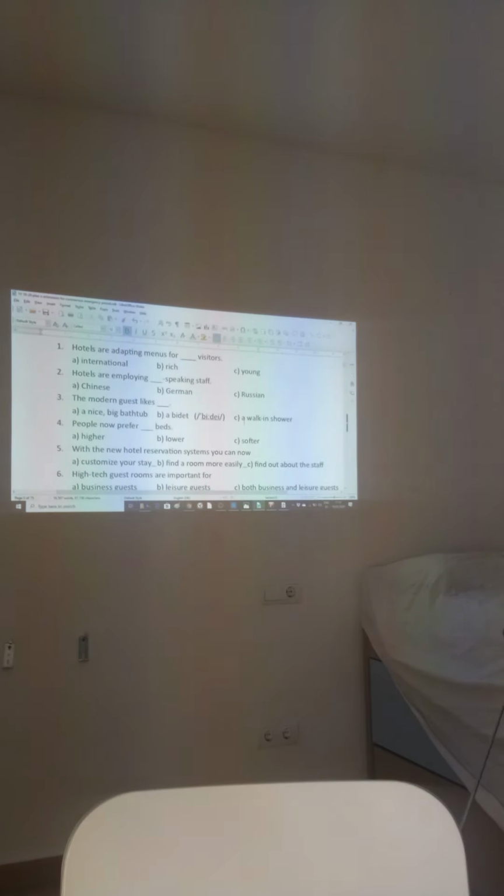There's only 9, okay? 6. High-tech guest rooms are important for A. Business guests, B. Leisure guests. Leisure, remember, ocio. Huéspedes de ocio. Both business and leisure guests. Okay, choose one. So, 1, 2, 3, 4, 5, 6. You should have 6 answers there. Okay, let's go to. There are 9 only, as I said. Let's go to the rest of them.